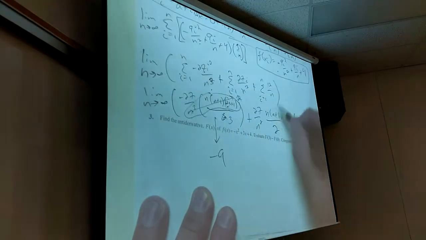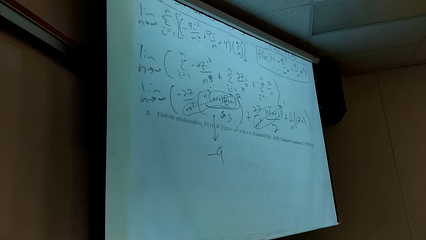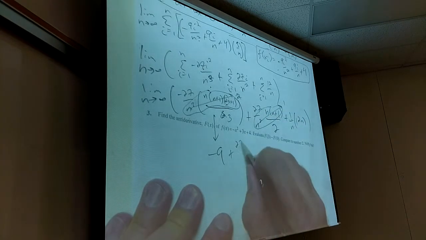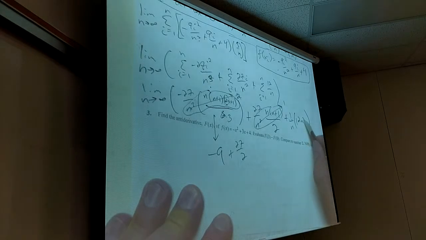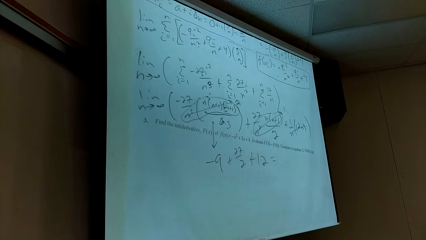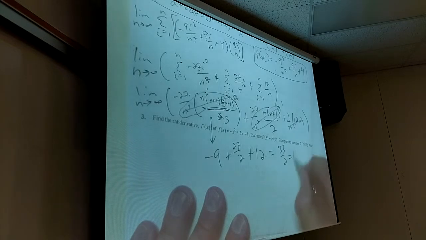The limit of this one, these are going to go to 1 because they're both degree 2 and they both have a coefficient of 1. So then I get 27 halves. And then this one is just going to be 12. So I get 33 halves, or 16.5.